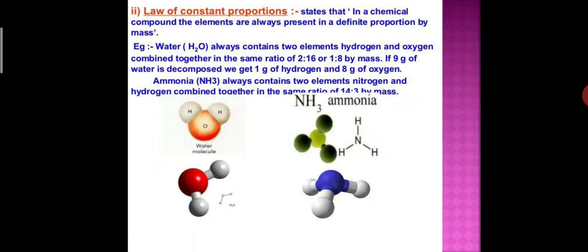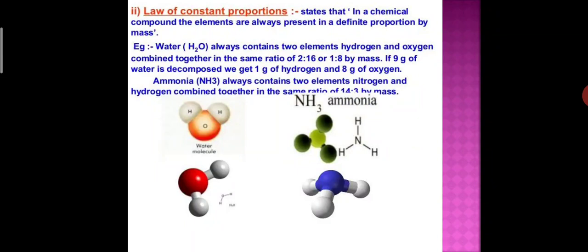So if 9 gram of water is decomposed, 1 gram of hydrogen and 8 gram of oxygen are always obtained.